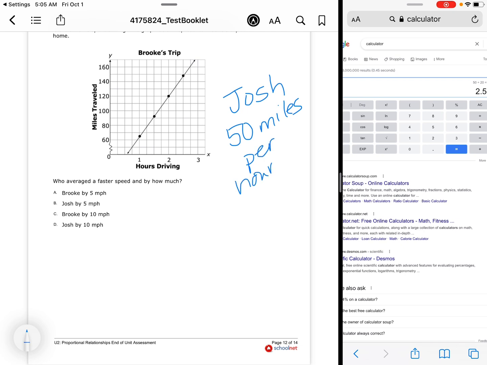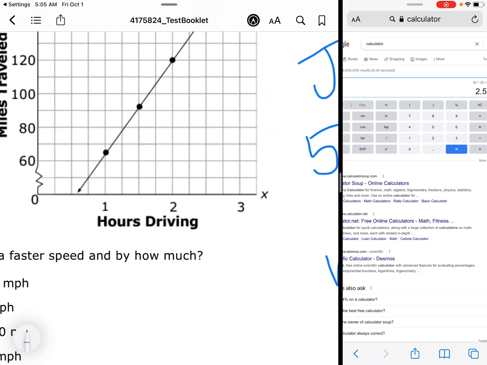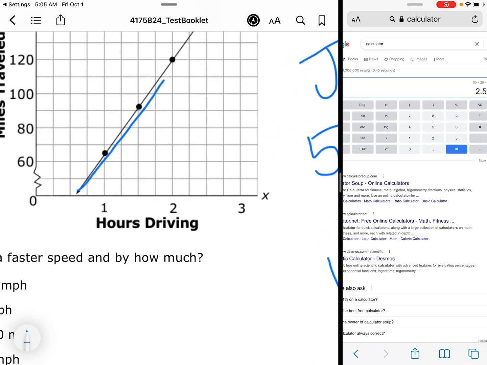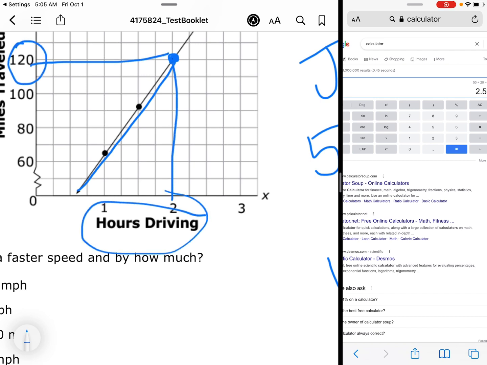So then it says, what did Brooke drive? So I have to look on my line until I find a point in the crosshair, which is right there. So she did 2 hours and went 120 miles.